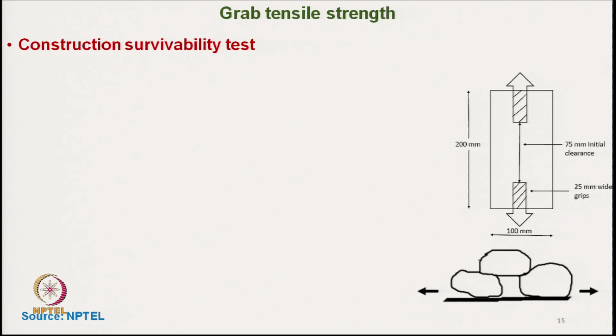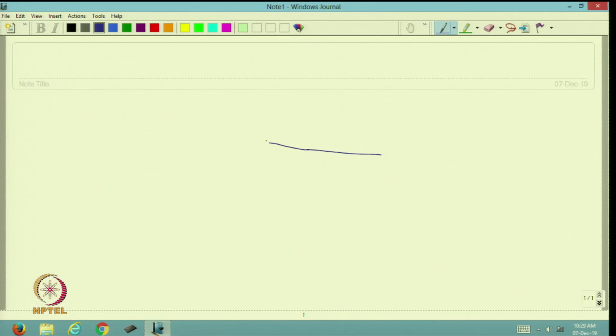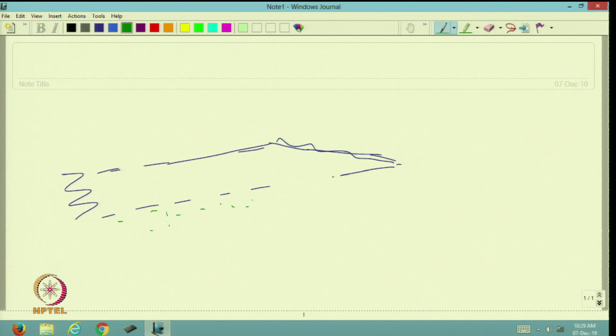Say this is geotextile. Below that there is soft soil. And above the geotextile, say this is one stone, another stone, these gravels are there.